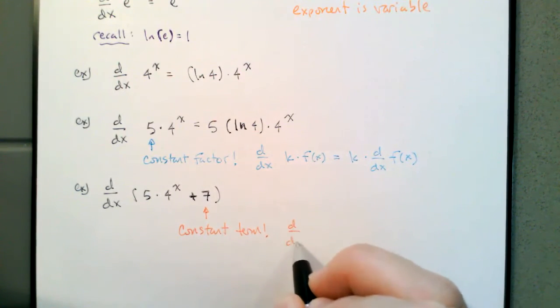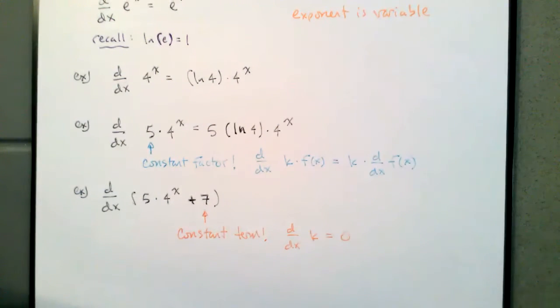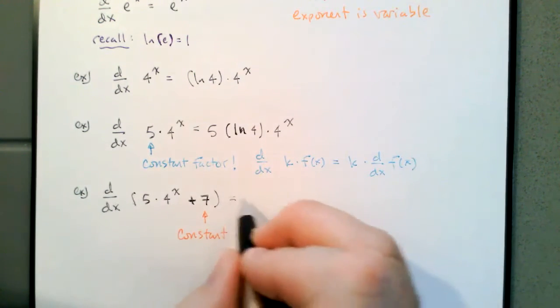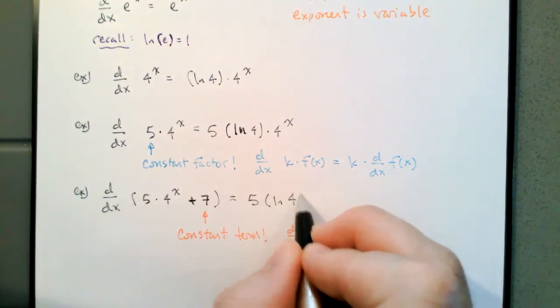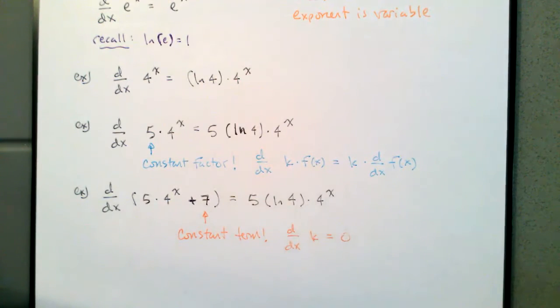The derivative of a constant term is equal to 0. So the derivative of 5 times 4 to the x is 5 times the natural log of 4 times 4 to the x, and the derivative of 7 is equal to 0.